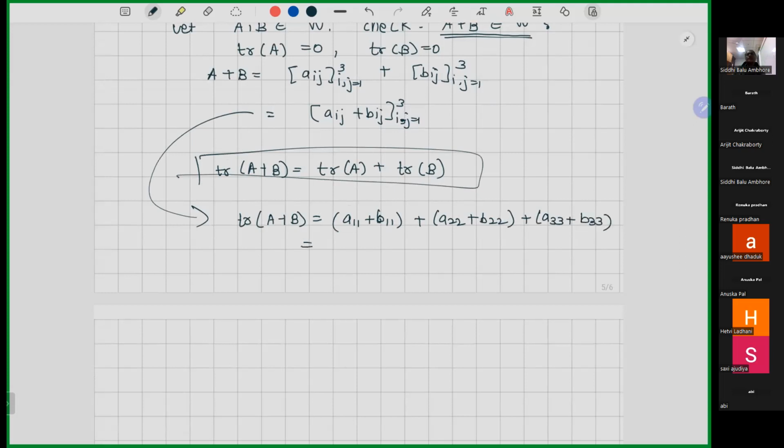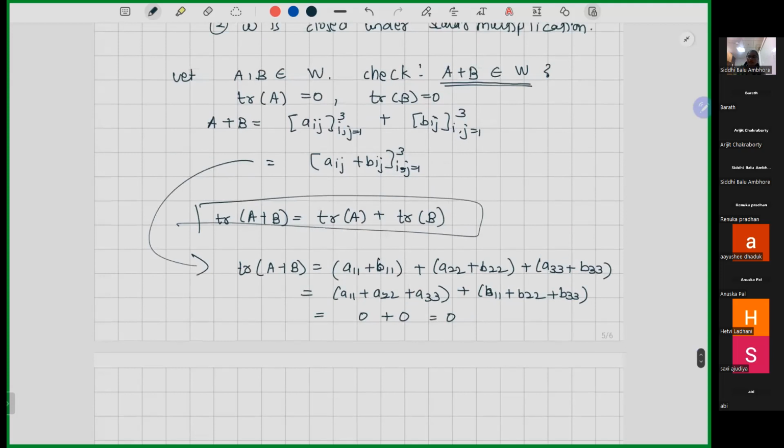And since this is basic addition in the set of real numbers, it is commutative and associative, so we can shuffle the elements and we get A11 + A22 + A33 + B11 + B22 + B33. And this we know is 0 and 0, right? Because A and B are from W, so trace of A and trace of B is 0 here.